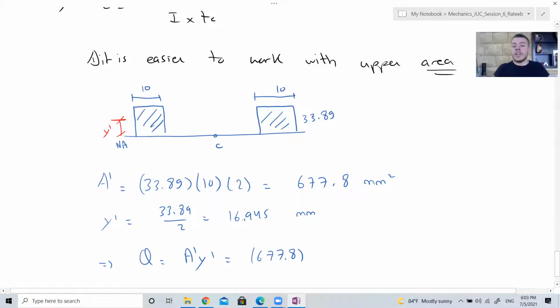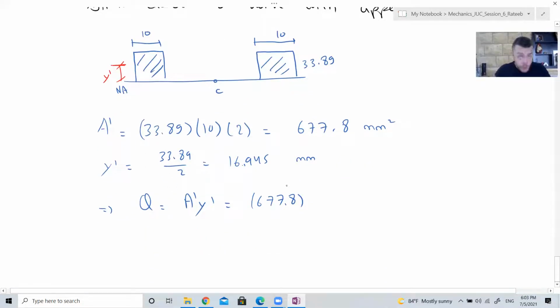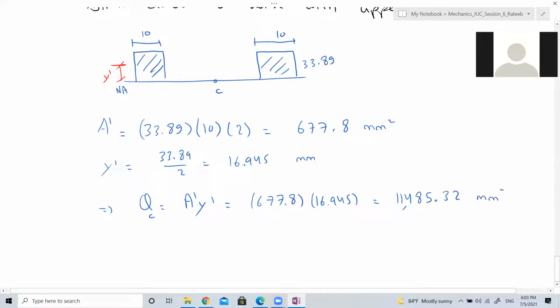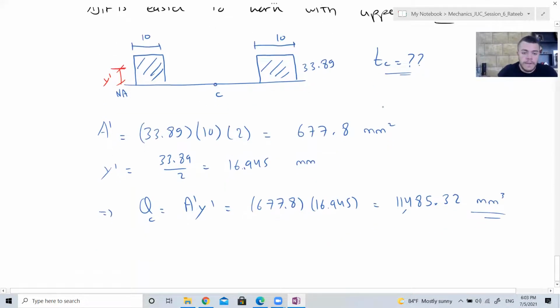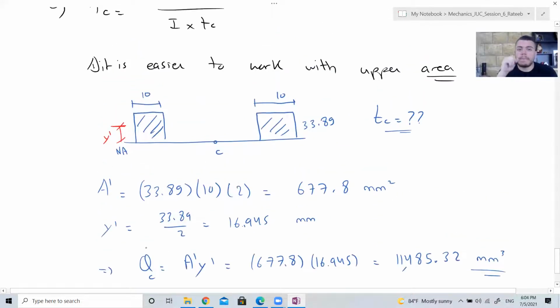Deal. So now that we have area prime and y prime, we can find Q at point C, which is area prime times y prime. Are we understanding? Yes. So this would be your Q. Now what is the value of t at C?